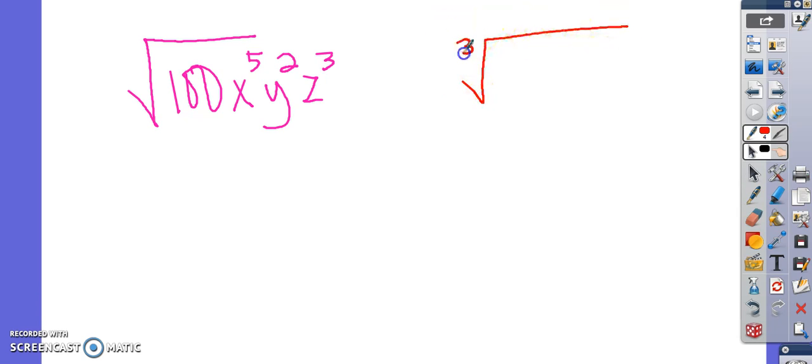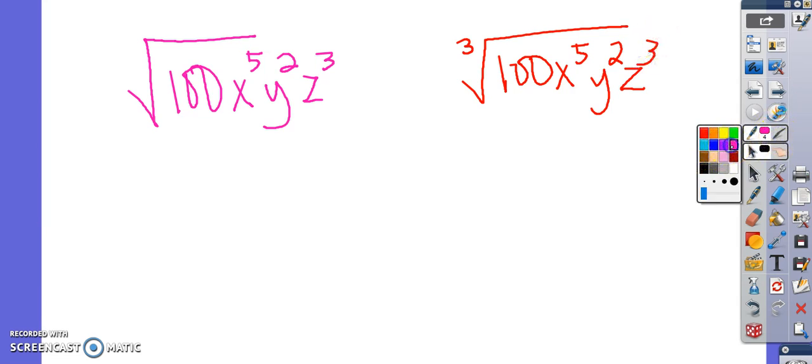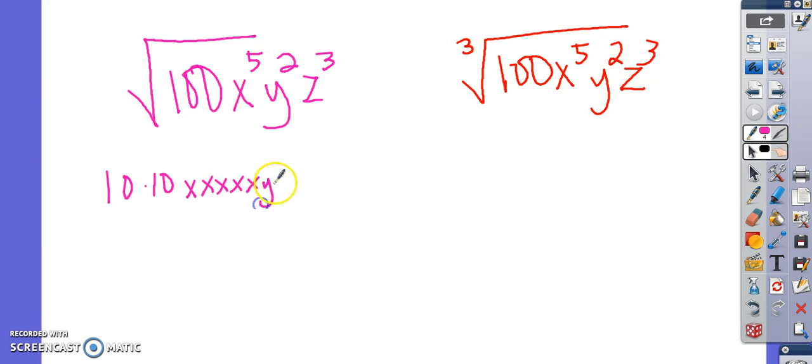So you've got a 3 here, 100, x to the fifth, y to the second, z to the third. Starting off with the squares is going to be 10 times 10, and then 1, 2, 3, 4, 5, 1, 2.